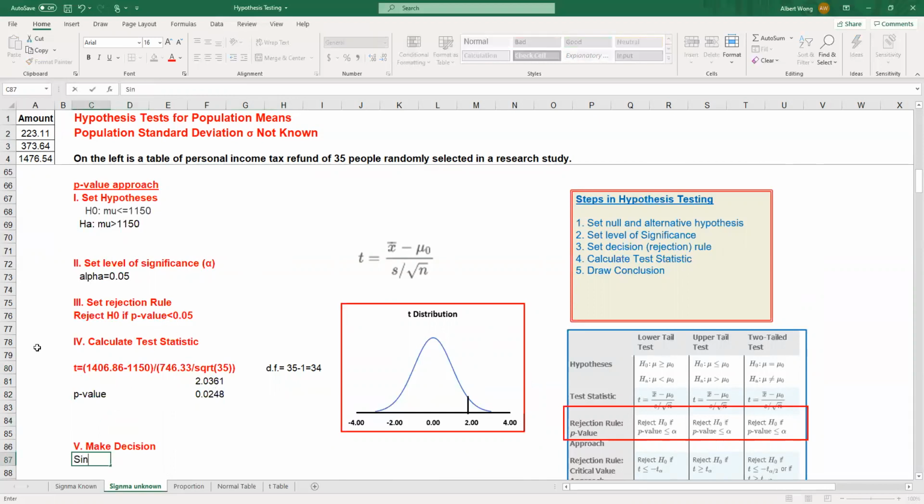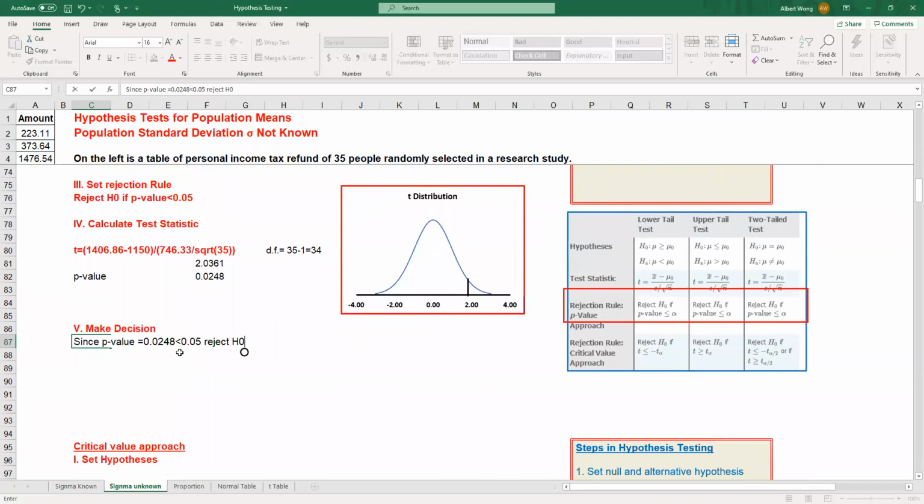Since the p-value is equal to 0.0248, which is less than 0.05, we reject H0. Reject H0 means that we have sufficient evidence to conclude that the mean is bigger than 1150. So that's how you do it.